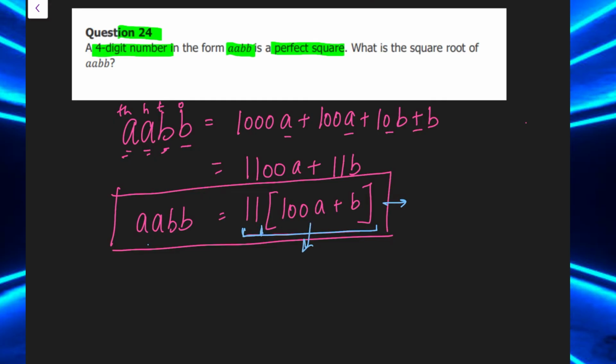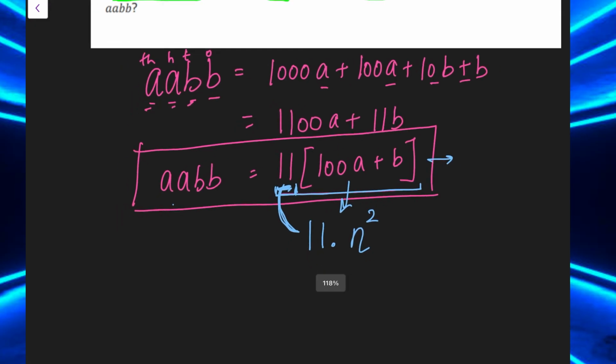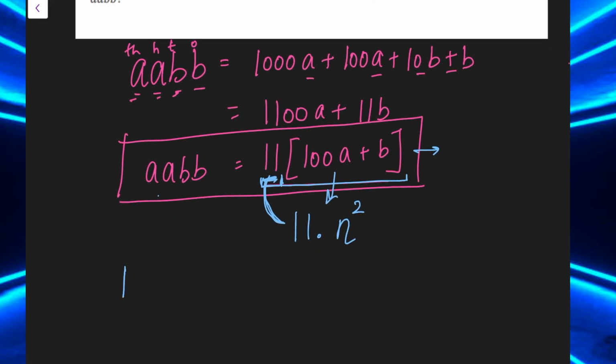That means from the bracket here, we must have another 11 that will join up with this 11, and that's how we'll have a factor pair. And because it has to be not 11 square but any number square, it has to be another n square. We do not know that number, but it will be the square of another number, and times 11, it has an 11 pair partner outside.